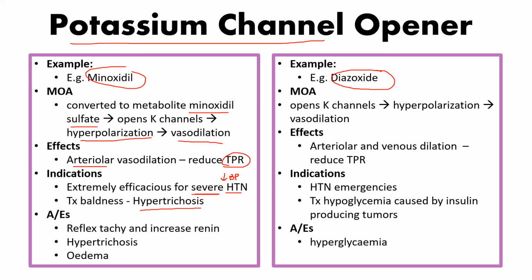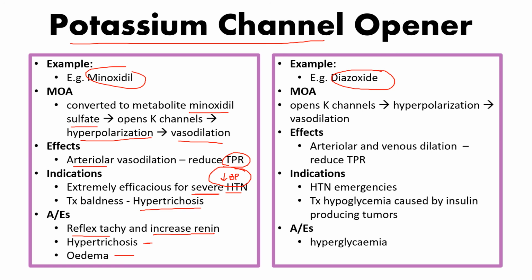Adverse effects include, again, reflex tachycardia and increase in renin as compensatory mechanisms to combat the reduction in blood pressure induced by minoxidil. We also get hypertrichosis, which is what I said before, excessive hair growth, and we get edema.